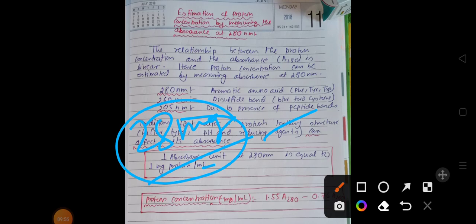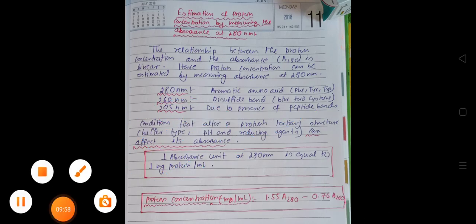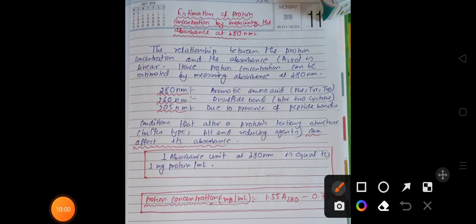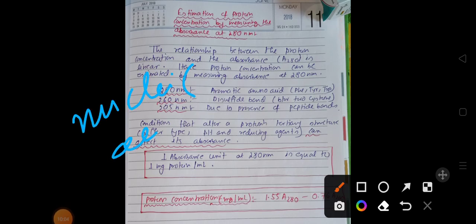But it is not that easy, because as I have told you, nucleic acid also absorbs UV light at that particular wavelength, right? Although it is not as much as in the case of protein, it still absorbs and it will hamper the OD value.